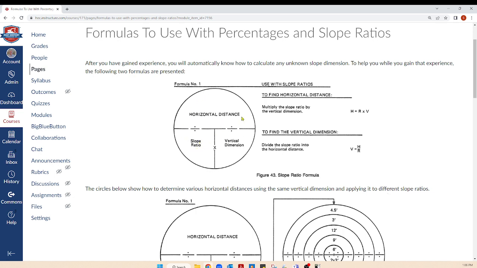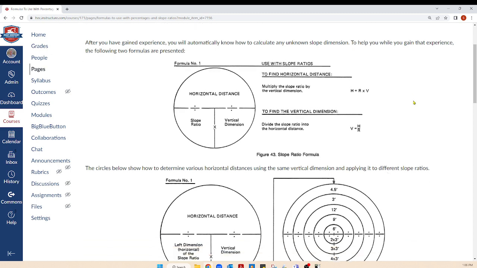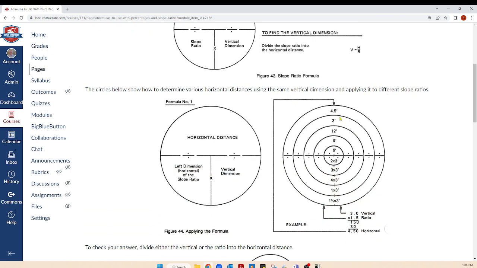This is going to be in your materials, if you haven't come to it, a printable version of both the slope ratio circle and the percent circle. This little guy here, I find it not very useful. It may be to you. This tells you the different variations of everything.